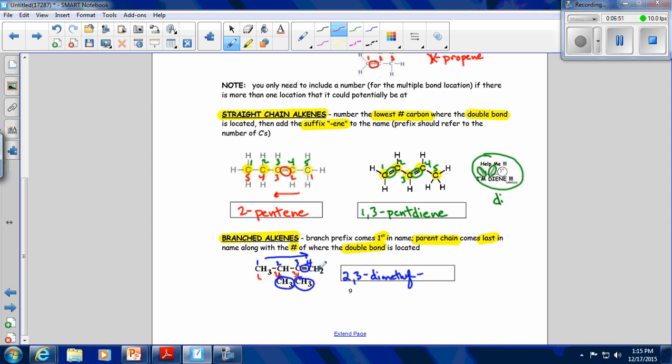Sorry, I'm going to go ahead and number this way. 1, 2, 3, 4. Now the location of the 2 methyl groups is still going to be 2, 3, but in going in this direction, you can see that we're going to provide the lowest possible location of where that double bond is. And that's going to be off of carbon number 1. So we're going to finish this off with 1. And we have 4 carbons present, so we're going with bute. And then we finish up with the suffix of ene because we are dealing with the alkenes.